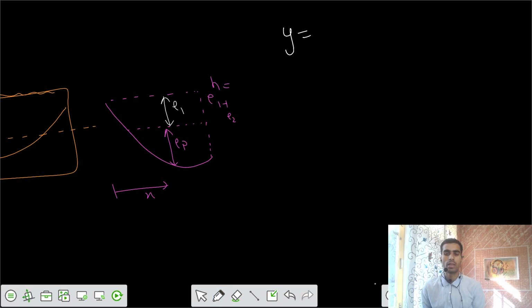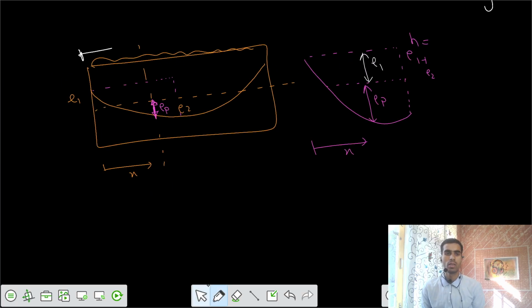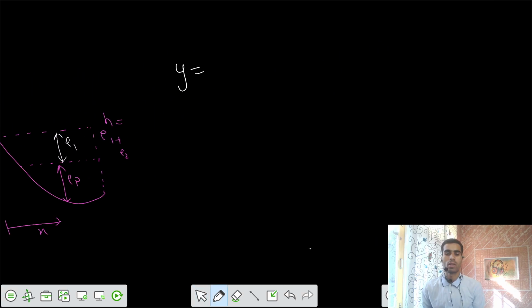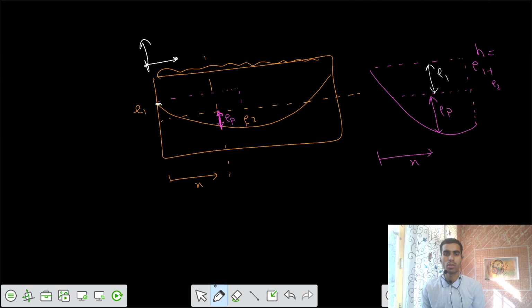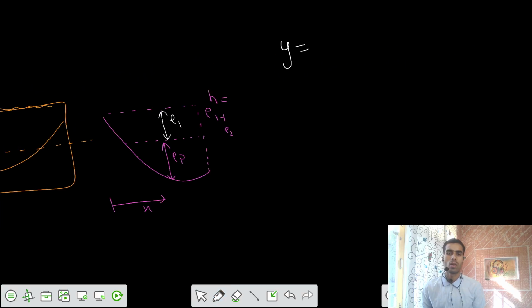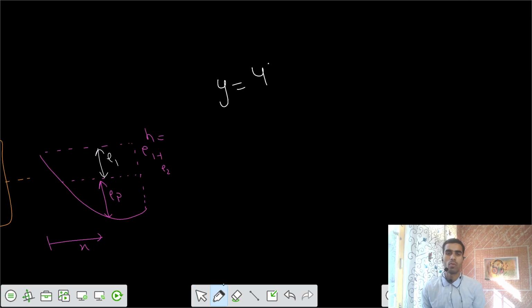If this is the origin, we are going to take the origin as this point. So I would write the equation as 4h times (lx minus x square) divided by L square.